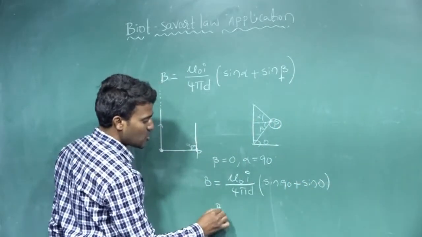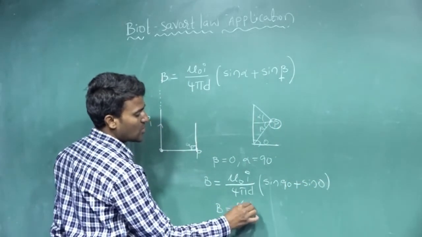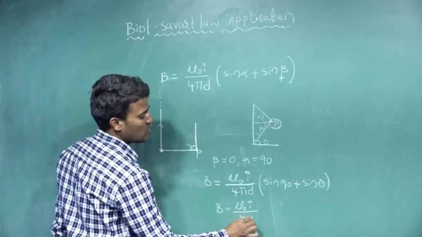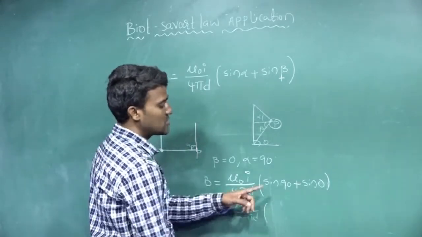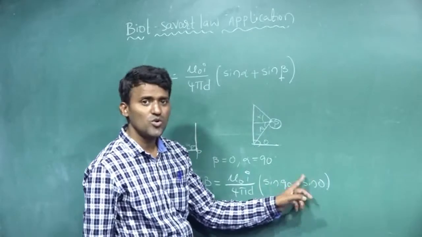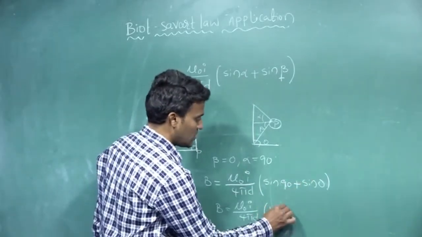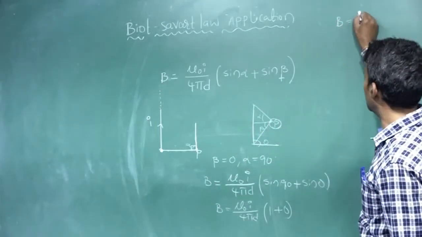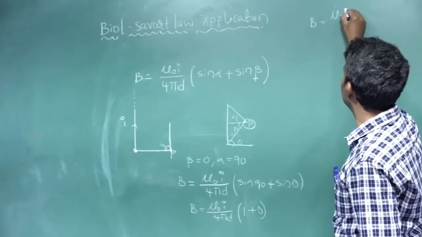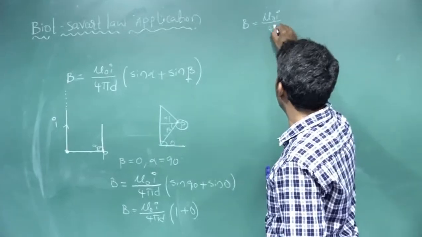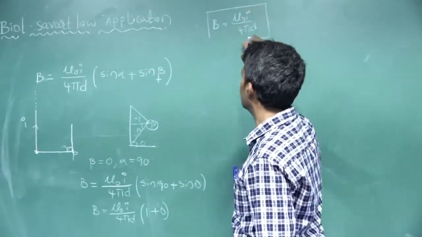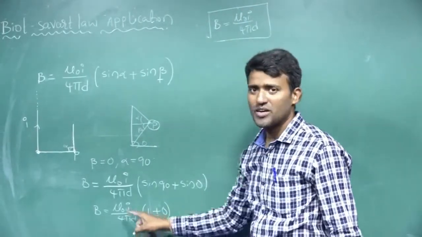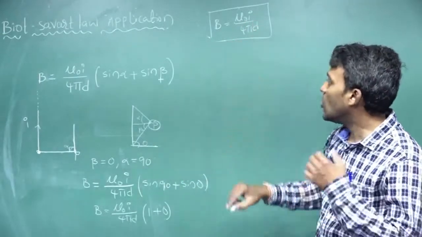Then B is equal to mu naught I divided by 4 pi d, into sin 90 plus sin 0, which is 1 plus 0, so 1. We can write the final equation: B is equal to mu naught I divided by 4 pi d.